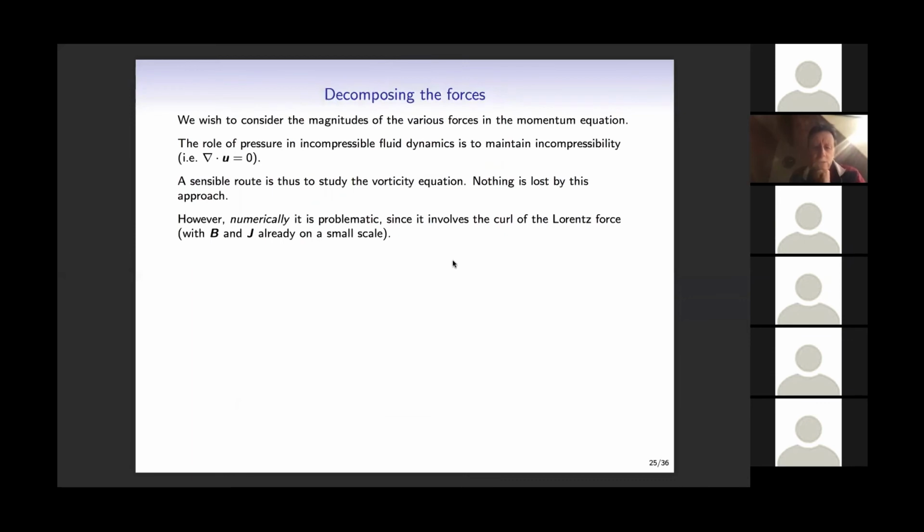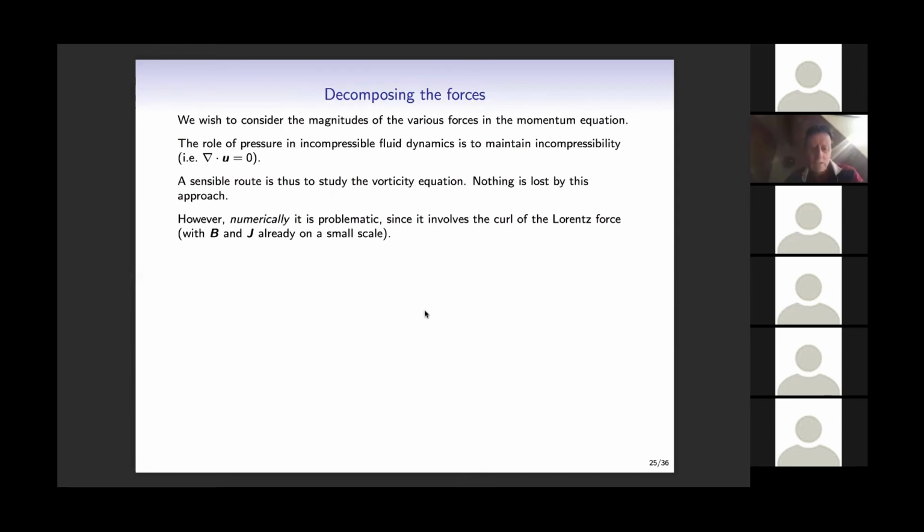Right. So now let me get on to what really matters. What people are bothered about is the balance of forces. We've already talked about Magnetic Archimedean Coriolis balance, Taylor states, and all this sort of stuff. So when you do these dynamo calculations, you need to have a good way of comparing how big the forces are.